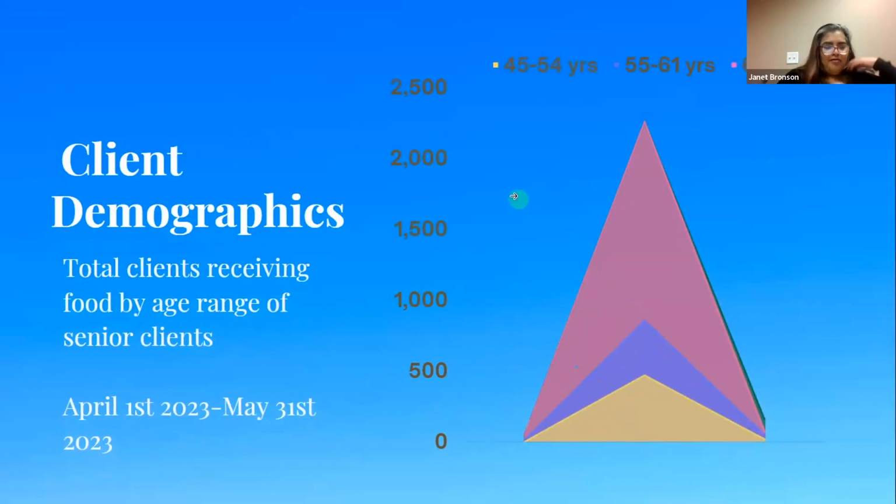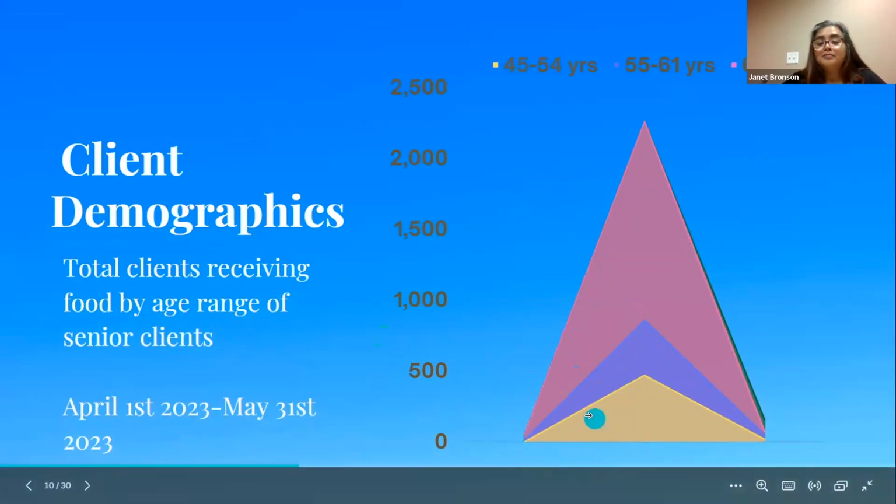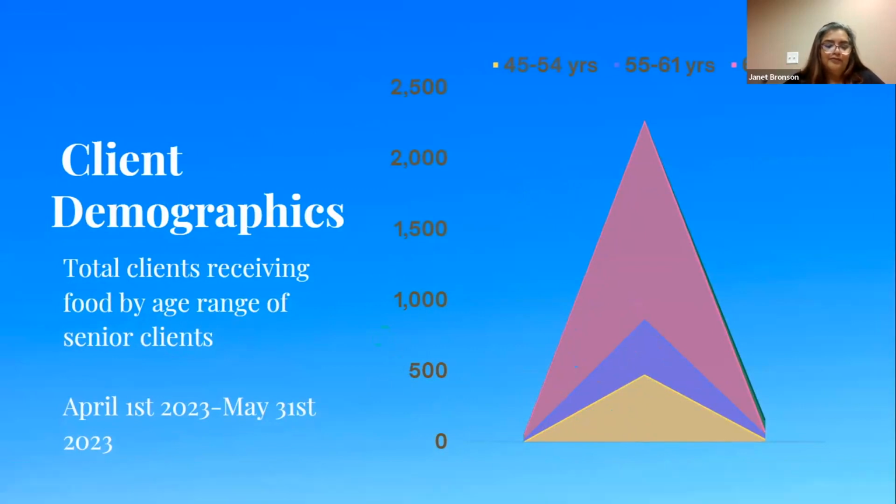So within a month, the data compiled through the Daly City Community Center's food program, we noticed that from April 1st to May 31st, there were 470 persons between the ages of 45 and 54 that came in to pick up food.